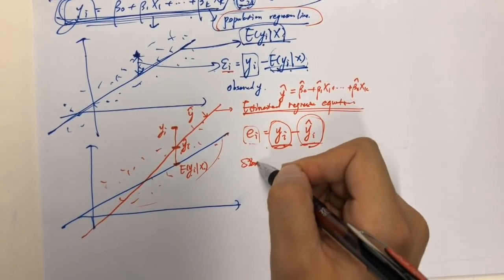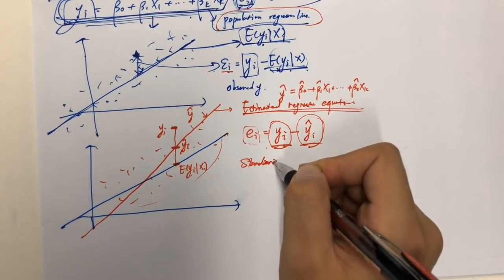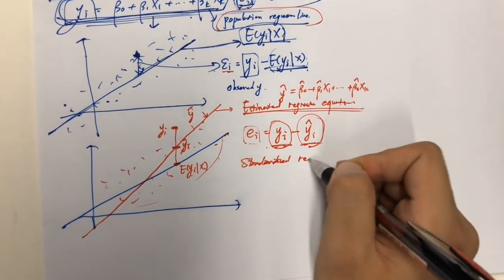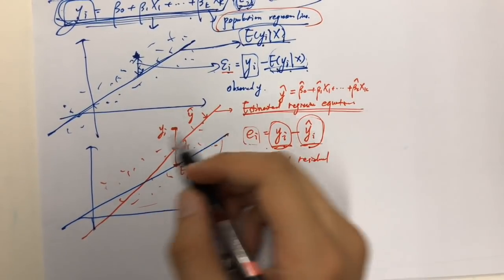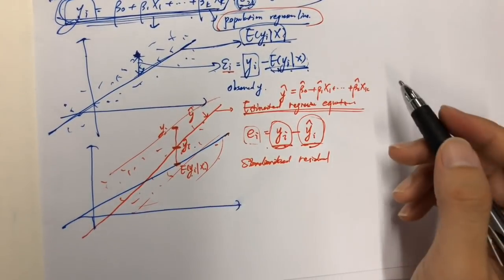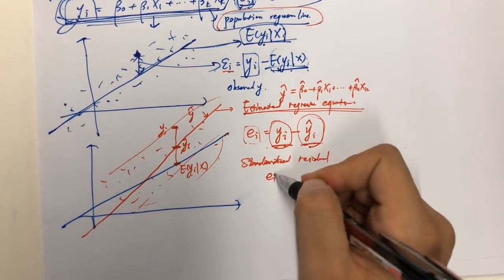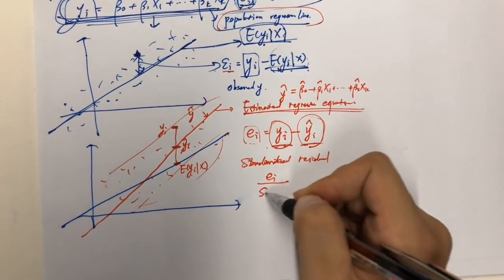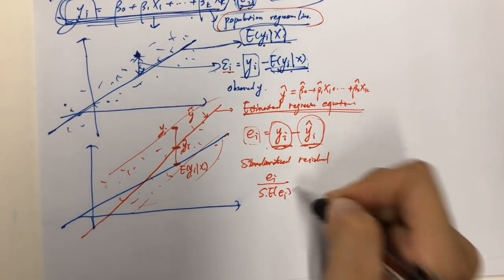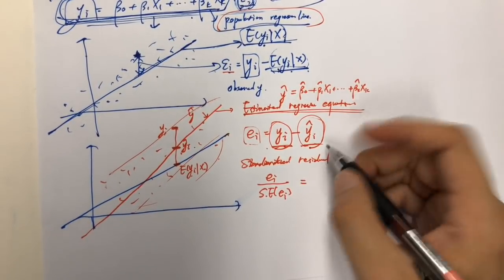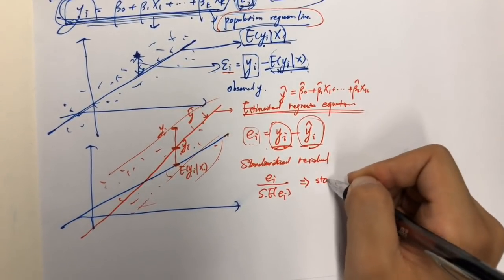Now, for the standardized residual, the residual has its own variance, right? So if we divide the residual by its standard error, we will get what we call a standardized residual.